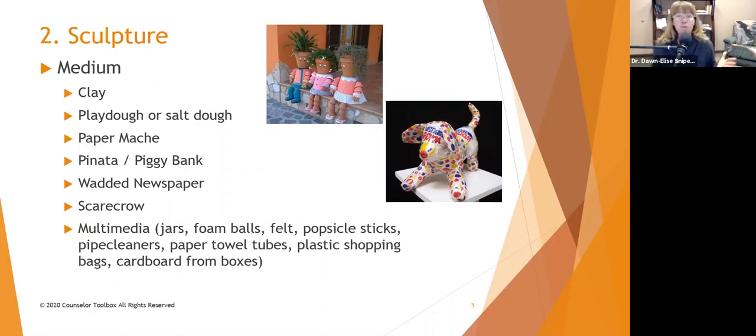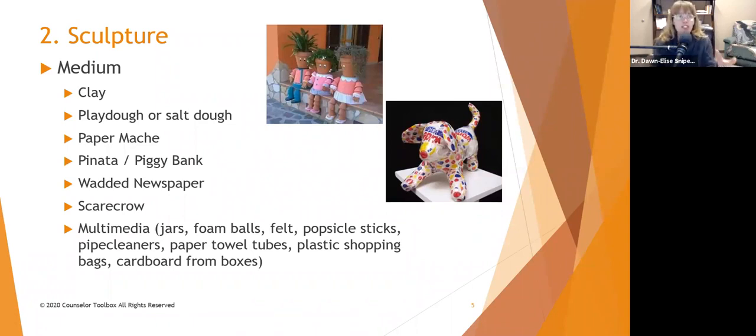You can also make multimedia sculpture. Your creativity is the limit. You can use old jars. I hate throwing away glass. In our area, they don't recycle glass, and I hate throwing it away. One of the things that you can do with jars, a lot of jars make great cores, if you will, for example, human forms.